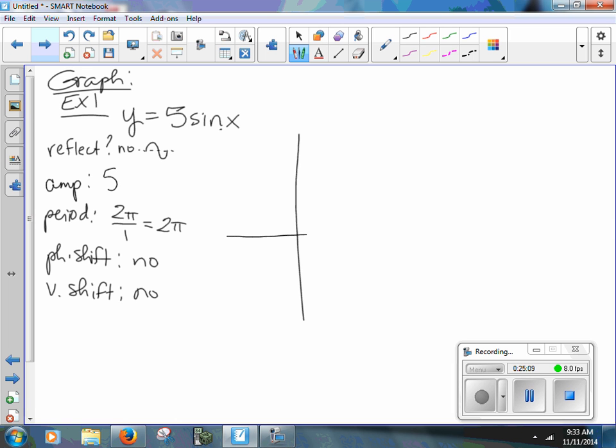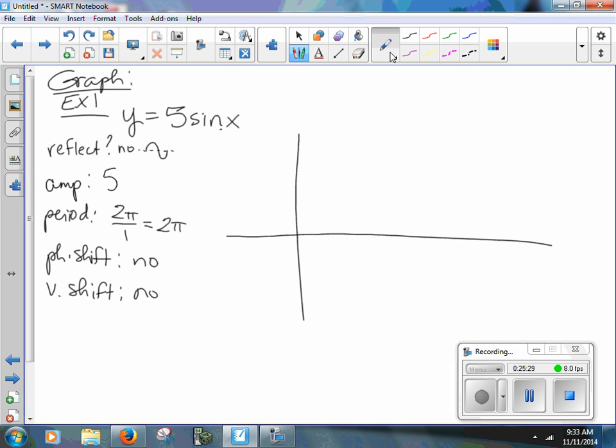The next piece: we're going to graph this thing. Where is the oscillation line for the sine curve? What did we write earlier? Where it starts and ends. This one has no vertical shift, so we're not moving it up or down, so it's got to start where? It's going to start at 0.